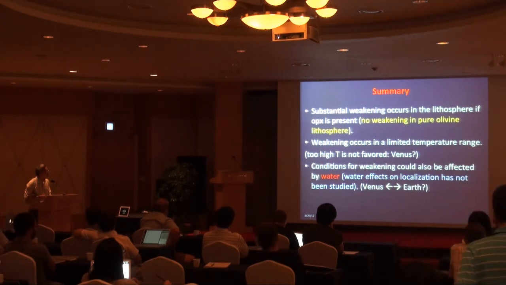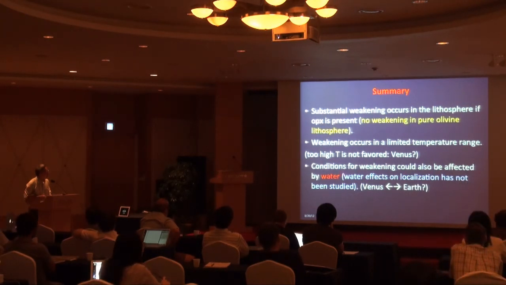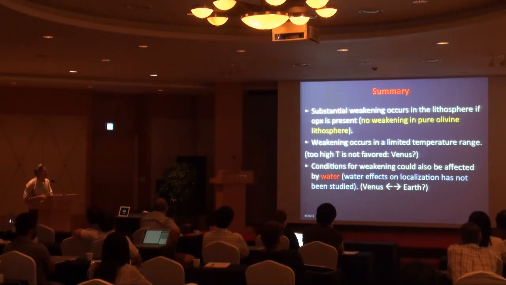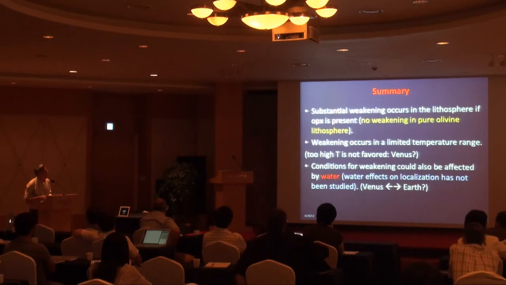We haven't done much about it, but I expect that a small amount of water might modify the weakening conditions, because we expect that water effects on the rheology of OPX are likely much larger than water effects on the rheology of olivine. The general trend is that the more silica you have, the larger the degree of water weakening.